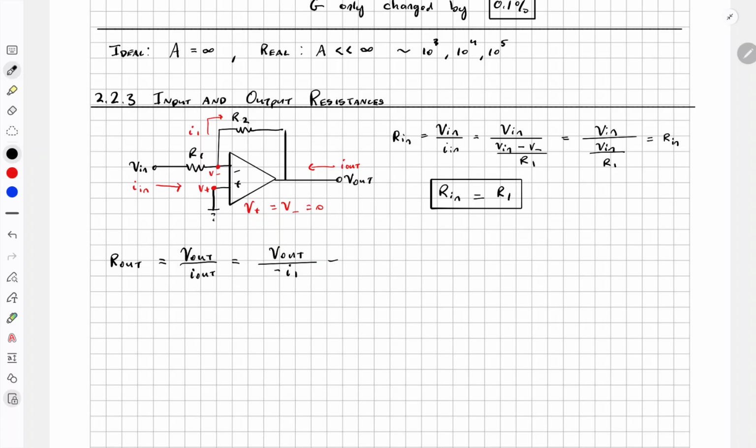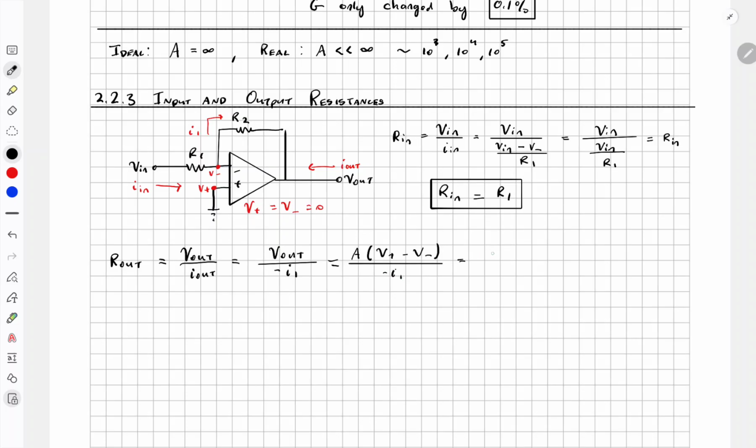Now the same op-amp equation that we have been using all this time says that V out is equal to the open loop gain times (V plus minus V minus). We have been using this same equation for a very long time now, and divided by negative I1.